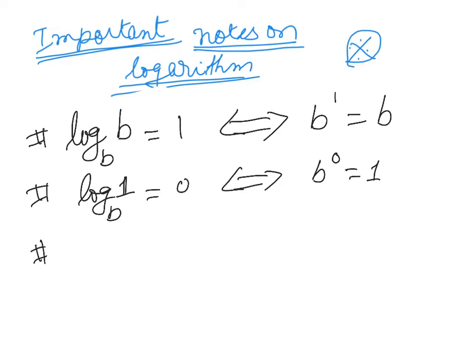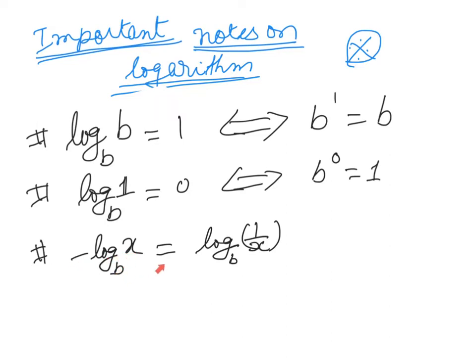Now the third one is that the negative of the logarithm of a number is the same as the logarithm of the reciprocal of that number, with the same base.